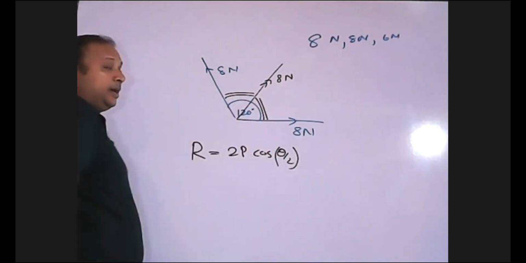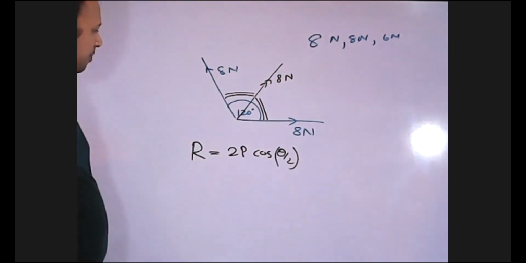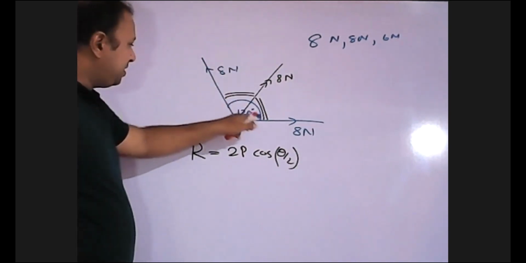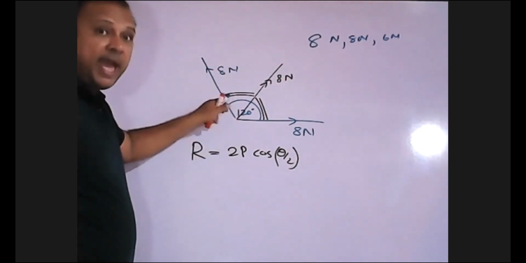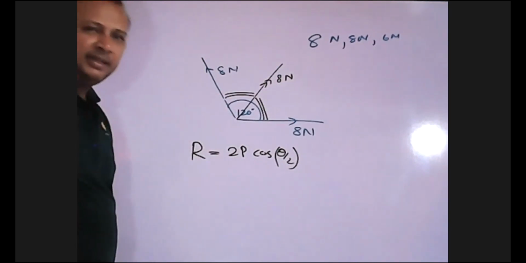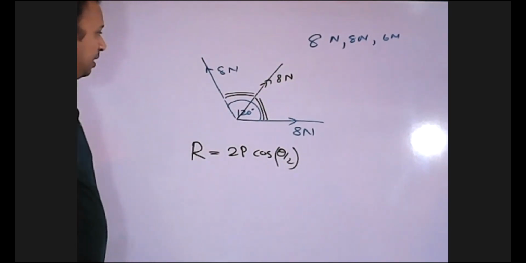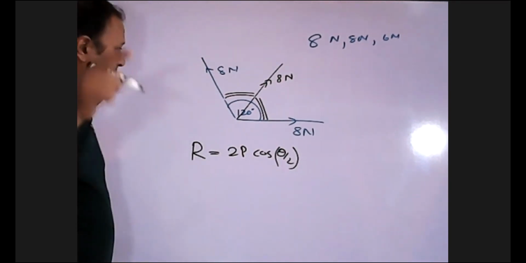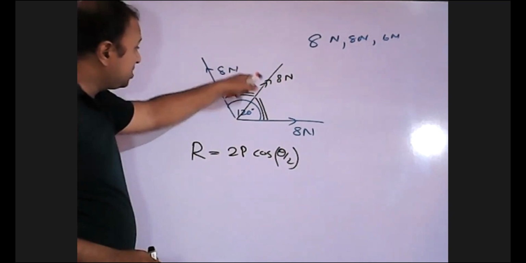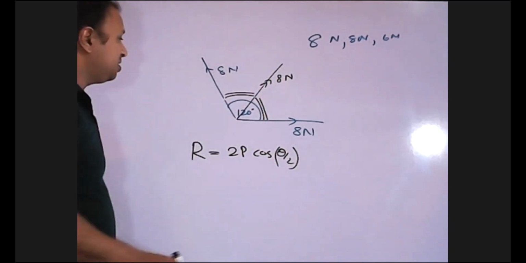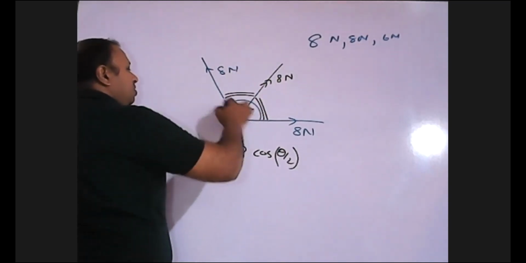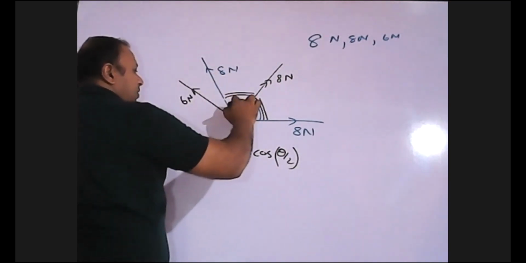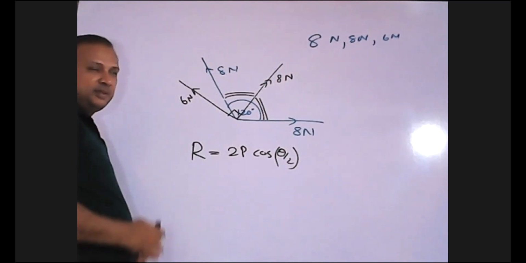As this is a rhombus, this diagonal should be a bisector for this angle. That doesn't require. After that data, it is given this resultant force is perpendicular to 6 Newton. Okay.